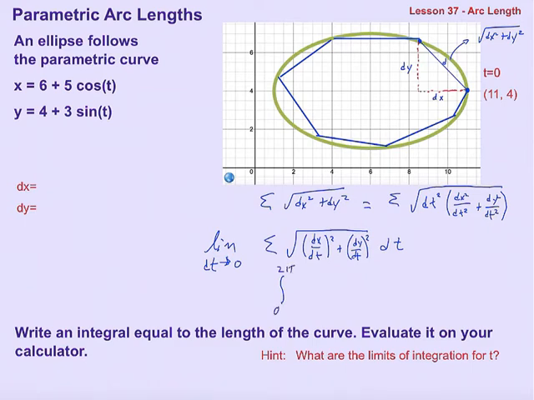We can say that because we know in this case it'll take 2 pi seconds to go all the way around because of the period of those sine and cosine functions. Actually, I'll be more broad here. Forget about 0 to 2 pi. We'll do that in this example in just a second. But right now, I'll just call it the definite integral from a to b of the square root of (dx/dt) squared plus (dy/dt) squared with respect to t. And that is the arc length.